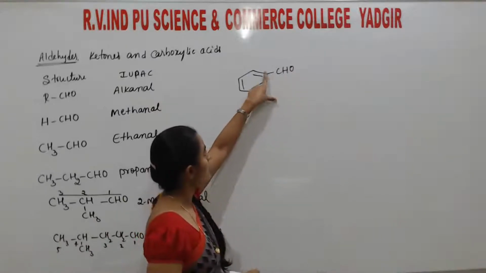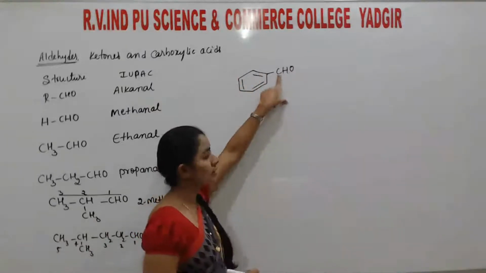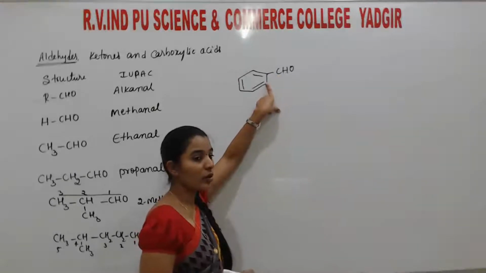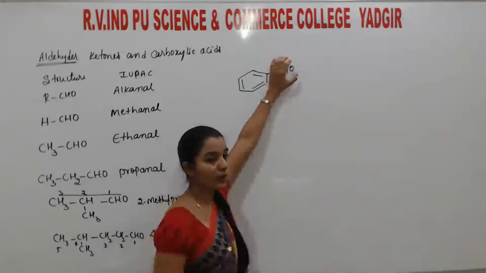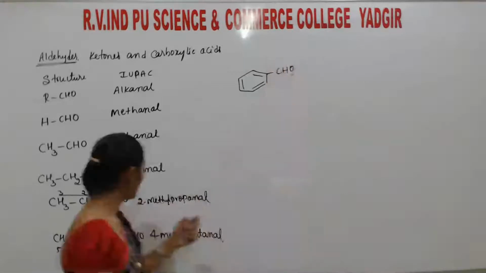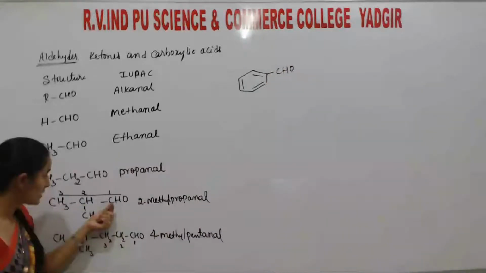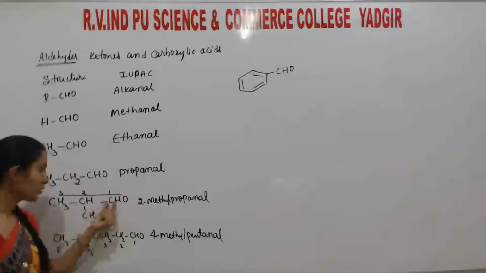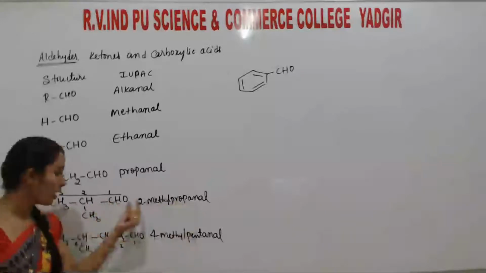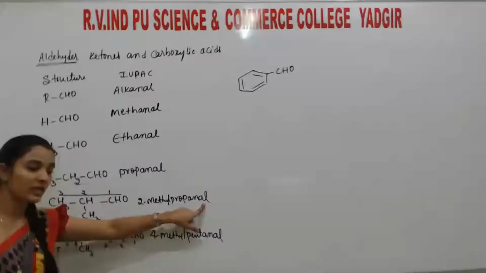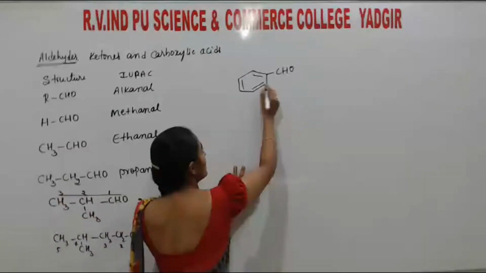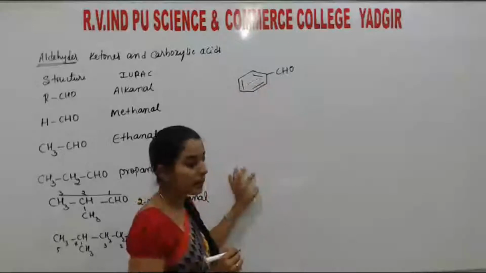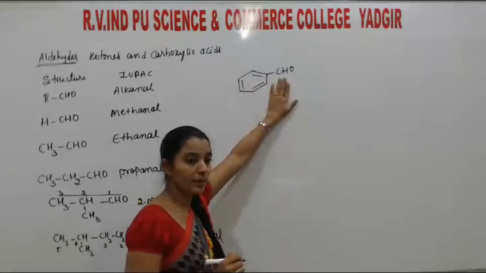Why? Because in the earlier case this carbon atom is involved in the parent chain, 1, 2, 3. So that's why we consider propane. But here it is not like that. This carbon atom is not involved. The parent chain is this benzene ring. This is not involved in the parent chain.